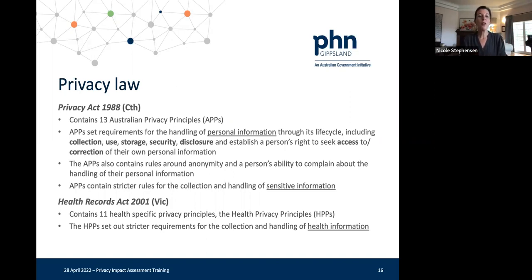So you have also 11 health-specific privacy principles that the PHN is required to comply with, and they set out stricter requirements for the collection and handling of health information. So what you see now is this complementary or parallel regime at work, where you've got the guardrails that the Commonwealth privacy law sets around the collection and handling of any personal information, and then you have the health-specific principles in Victoria.